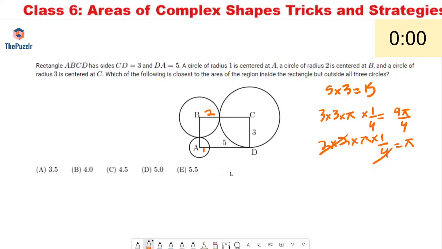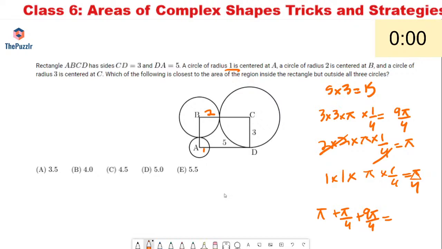What is this? This is 1. It tells us right there. 1 times pi times 1/4 gives us pi over 4. So we have pi plus pi over 4 plus 9 pi over 4. And this is, let me move here.